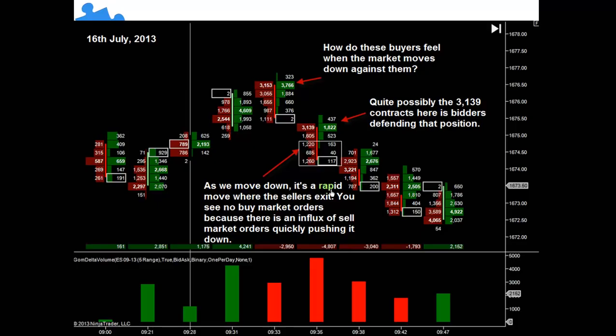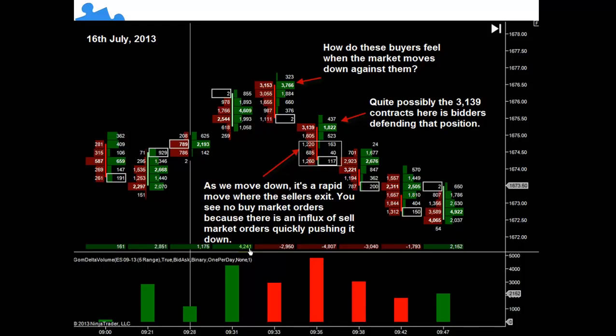So let's look at two scenarios: a situation where we go straight up and down, and another scenario where we actually range first. In this case, we can see the delta is positive as we go left to right. Buyers are exceeding sellers towards the top. In other words, we are now gathering future sellers.